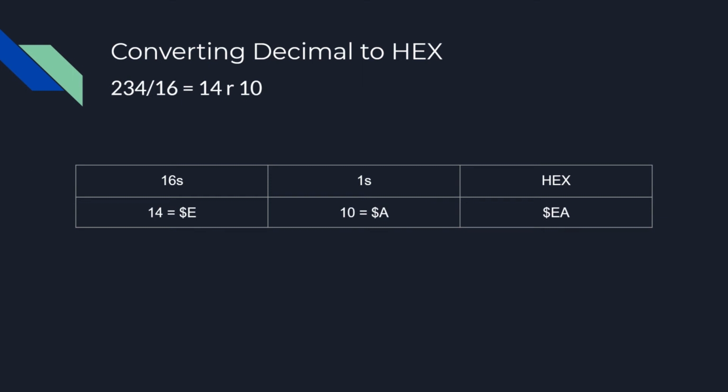So, we look at 234 and say, okay, let's divide 234 by 16 to find how many 16s we have. Well, we get 14, so we have 14 16s, and we get a remainder of 10, so that's what's left over. This will become hex EA, where E is the 14 and A is 10.